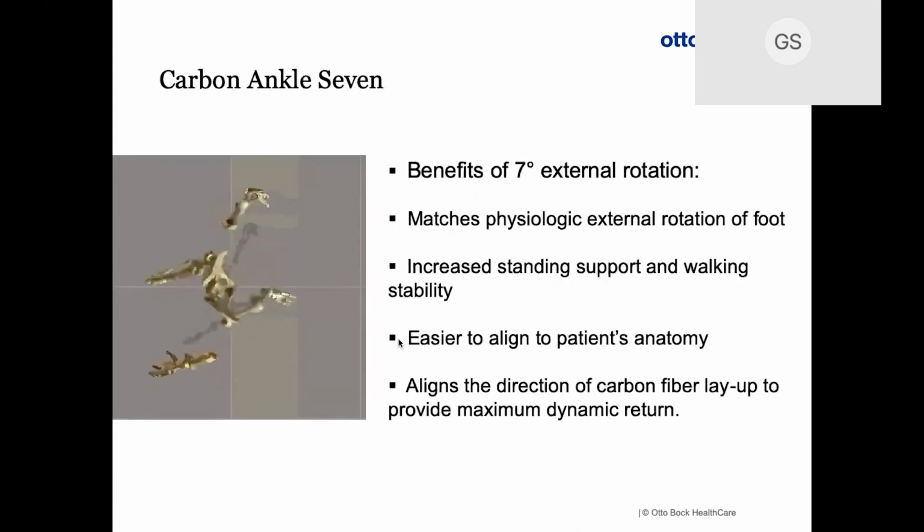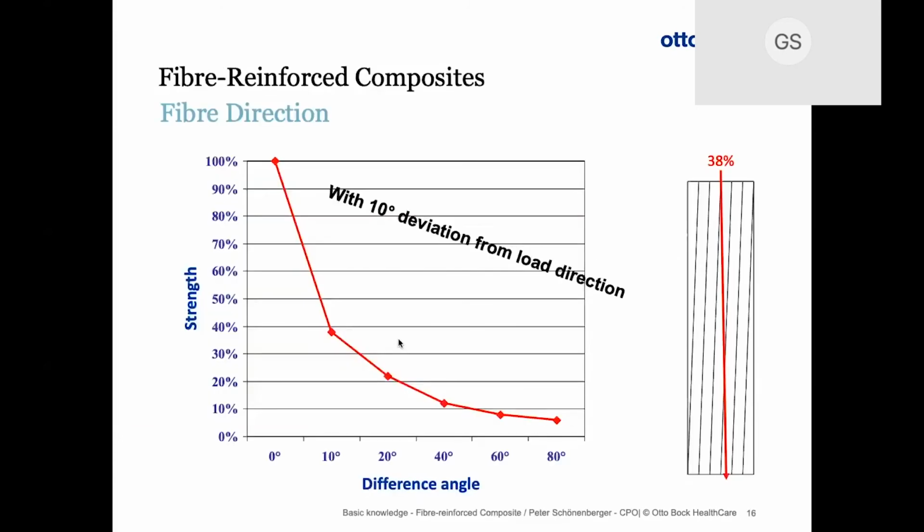The benefit of that 7 degrees of external rotation is to match the external rotation and support the patient from heel strike all the way to heel off and pre-swing. This allows the patient to align better with their anatomy and get the most out of their carbon return. Here you can see with just a 10-degree angle difference, how much is reduced, more than 60%.